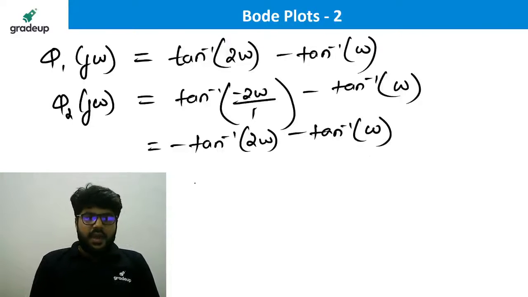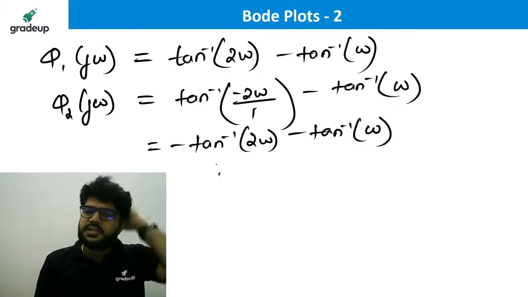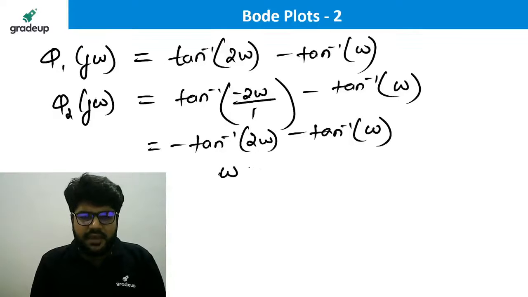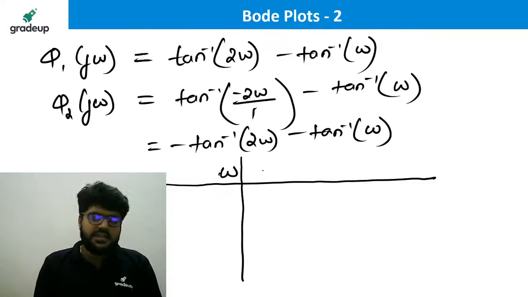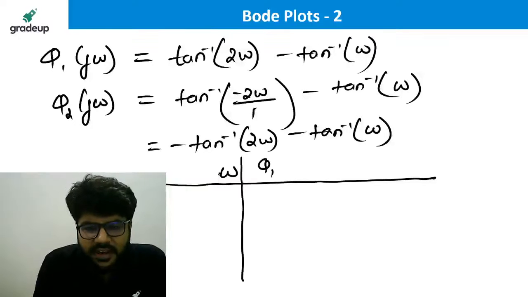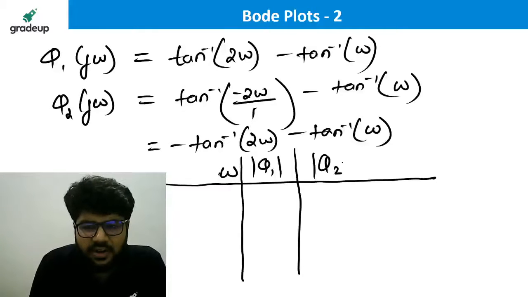Now look at this table with me. I take some values of omega because phase is important for the actual phase analysis. In the next class, I will tell you the approximate phase analysis also. Then, calculating phi 1, let's take only the mod of phi 1. Angle plus or minus is just about anti-clockwise or clockwise.